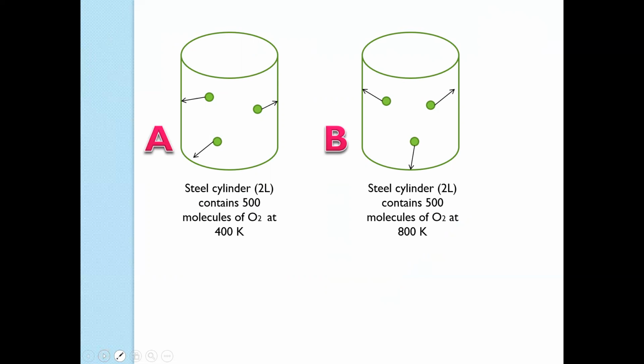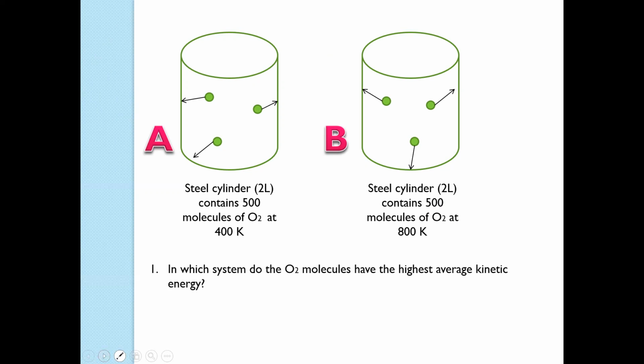If we want to take an example to explain Charles's law, we take a steel cylinder of 2 liters containing 500 molecules of oxygen at 400 Kelvin, and we can increase the temperature to 800 Kelvin with the same volume and the same molecules of oxygen.